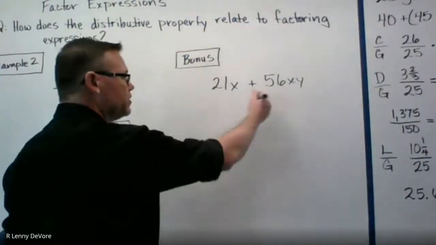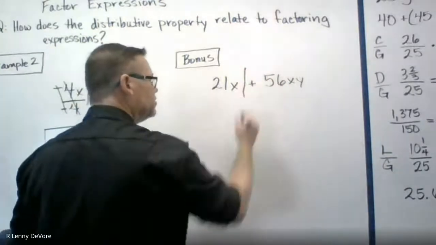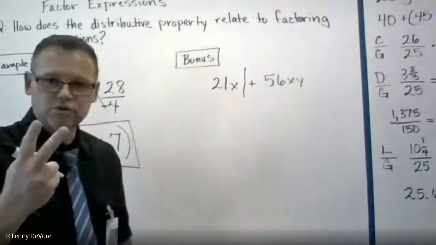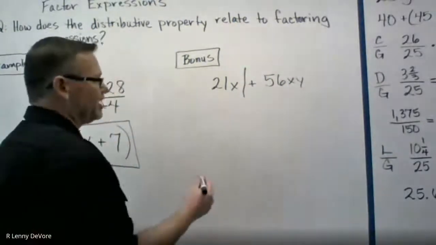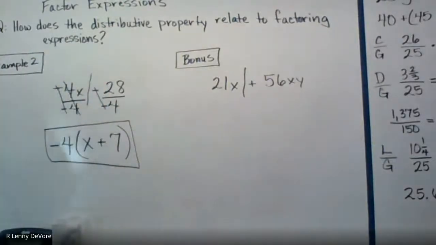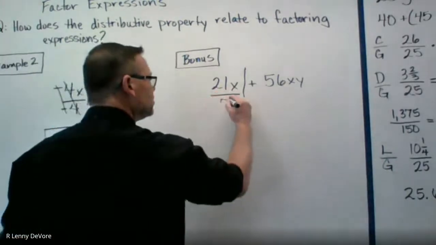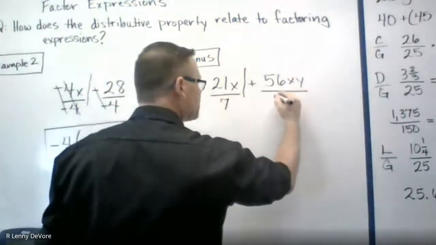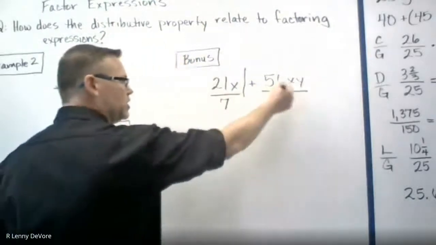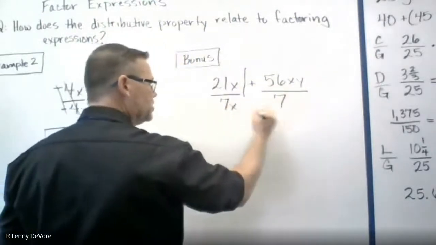Okay, so I look at this, I realize I have two terms. Okay, but here's the thing. Not only can I go through and factor out the 7, so a 7 on each one of these, right? But I actually can factor out the x also.